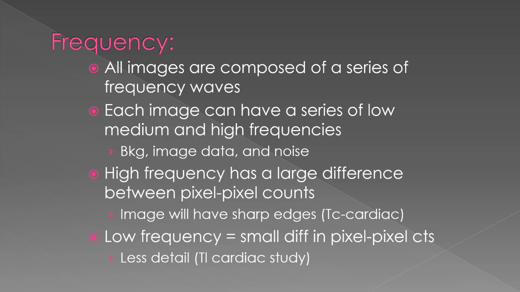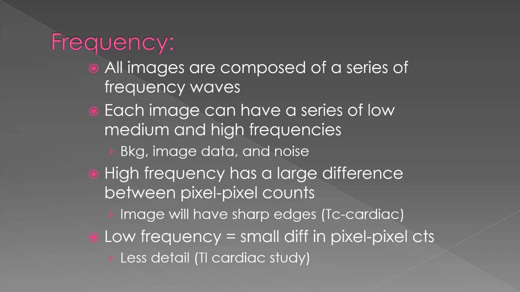Remember, low frequency is when there's not a lot of pixel to pixel variation. You'll see that with background or with large organs. And then each image can have a series of low and medium and even high frequencies within it. Some of that is background, some of it is image data, and then some of it is noise.